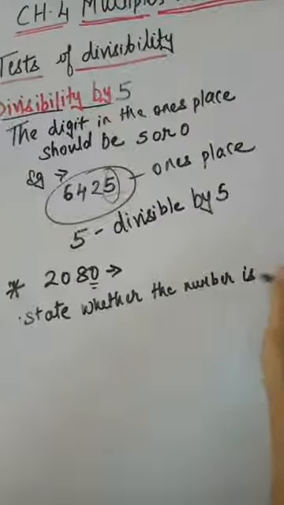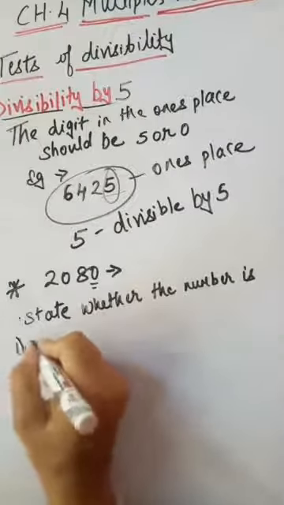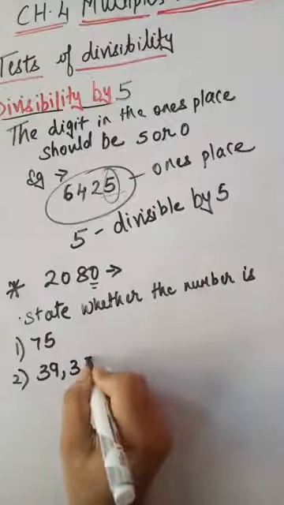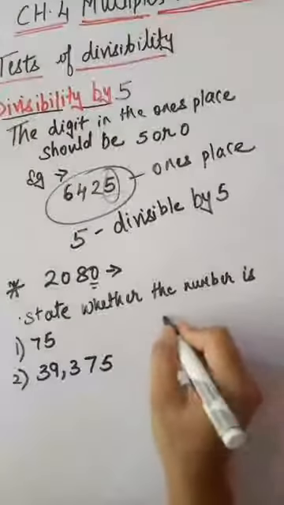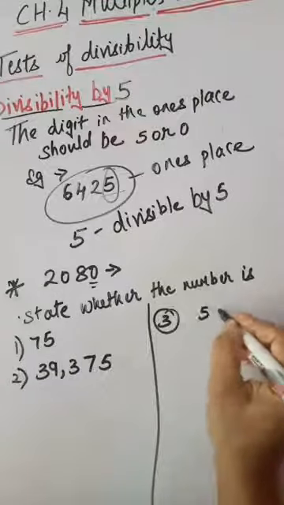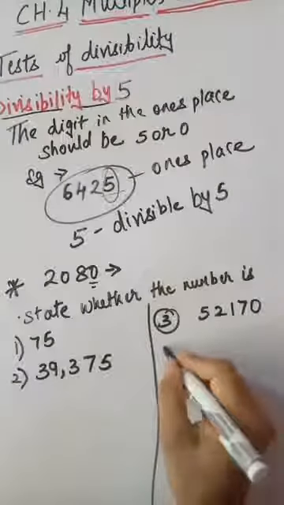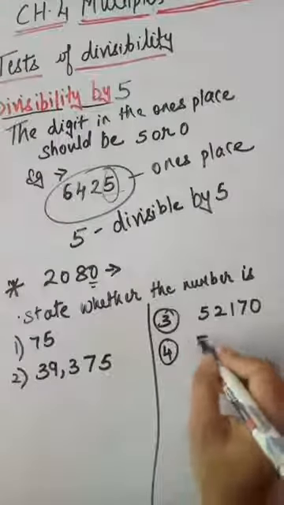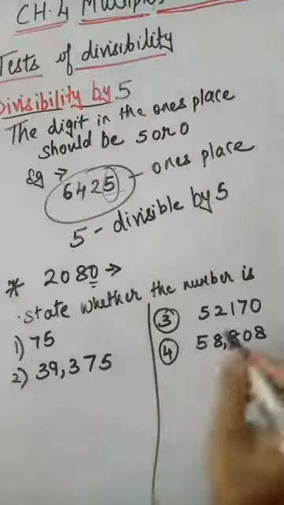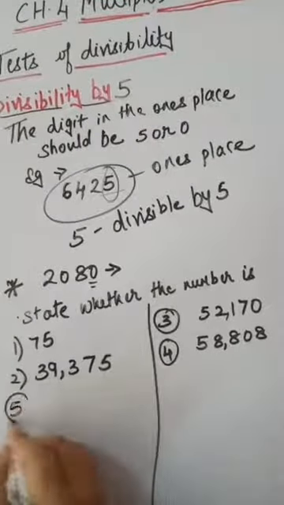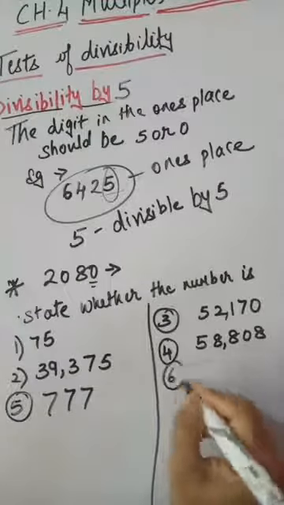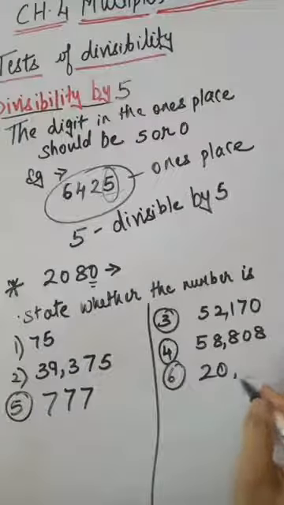First one is 75, second is 39375, third is 52170, fourth is 58808, fifth sum is 7777, and sixth one is 20105.